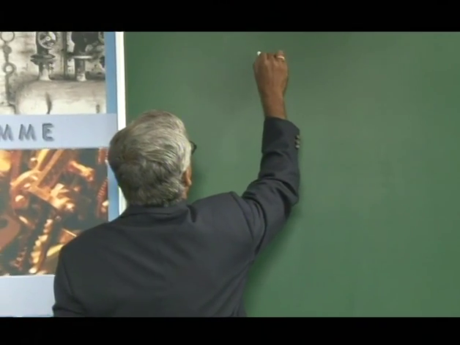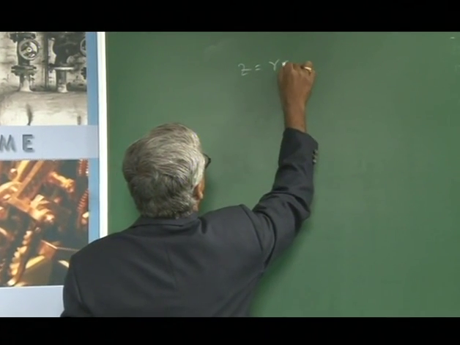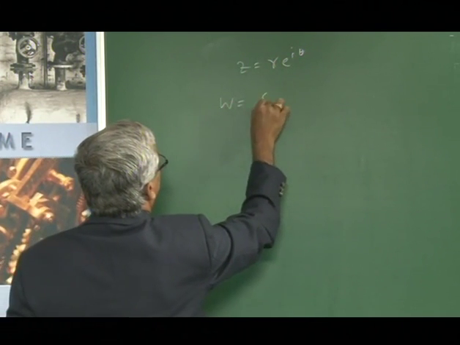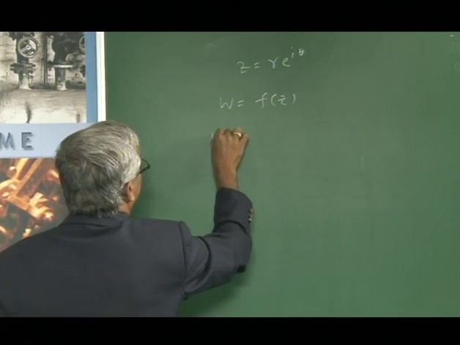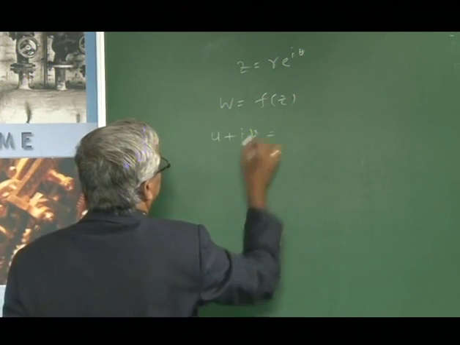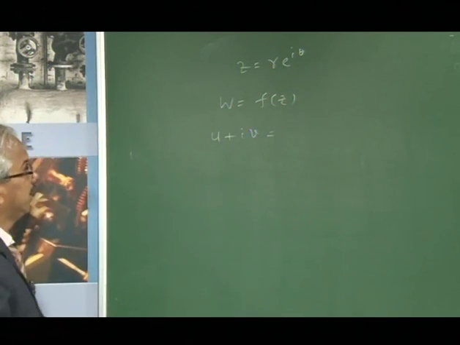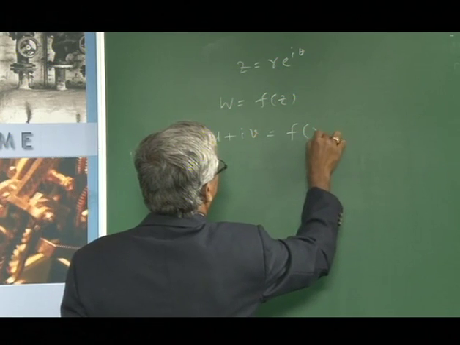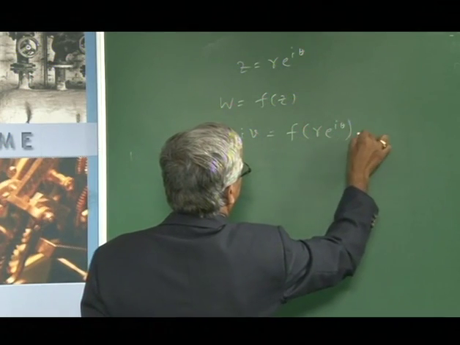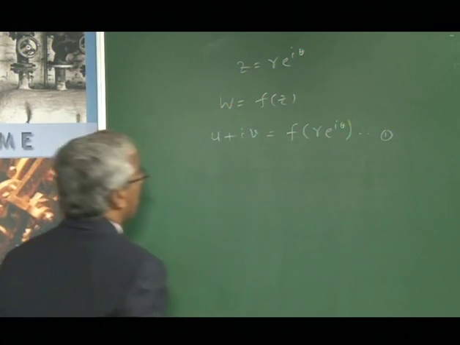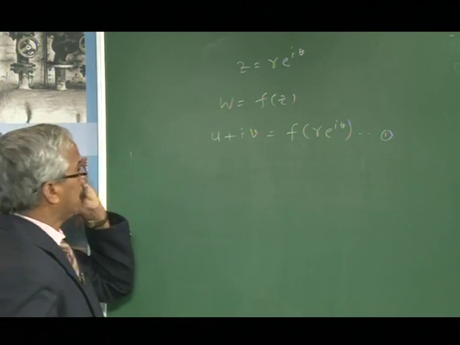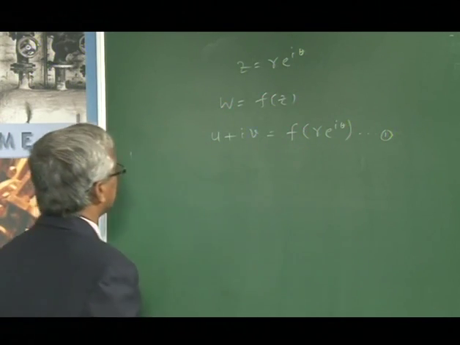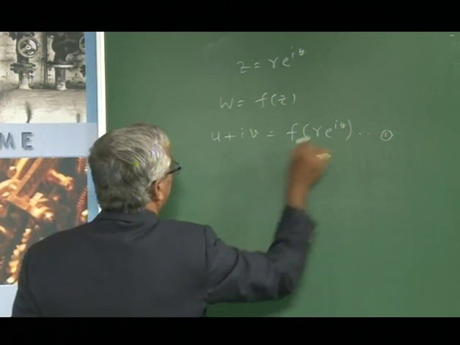In the polar form, I take z = r e^{iθ}. Then consider w = f(z), where w has real and imaginary parts which are functions of r and θ in the polar form, and functions of x and y in the Cartesian form: u + iv = f(r e^{iθ}). Now, using the ordinary derivative property, we differentiate this with respect to r.